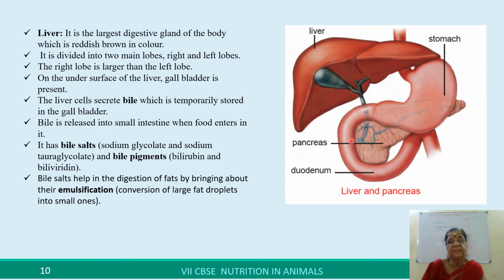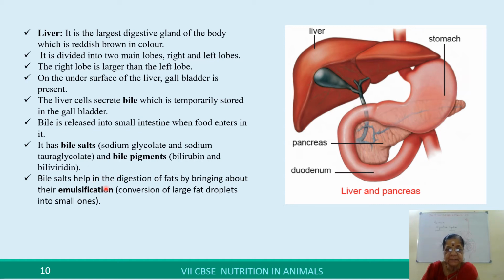I hope you understand. In the same way, we studied the pancreatic juice, now the content of the bile juice: it has bile salts, sodium glycolate and sodium tauroglycolate, and bile pigments, bilirubin and biliverdin.